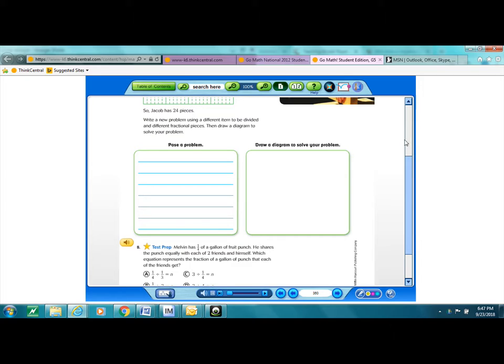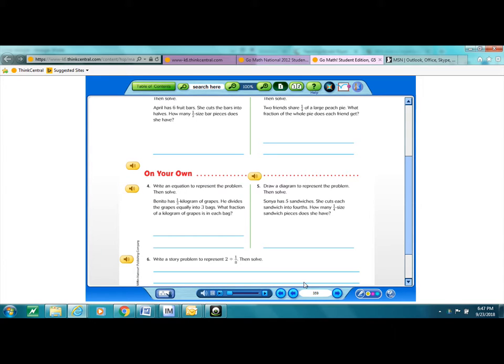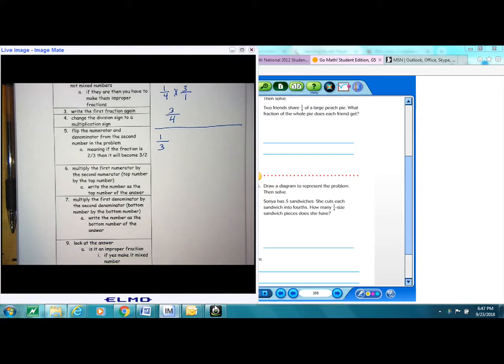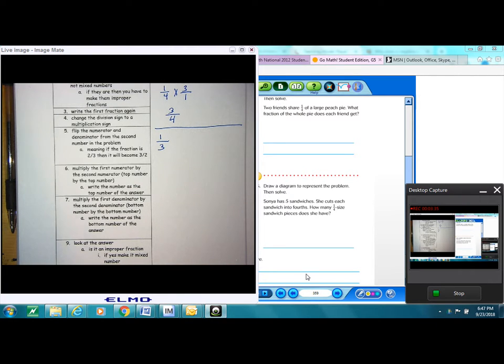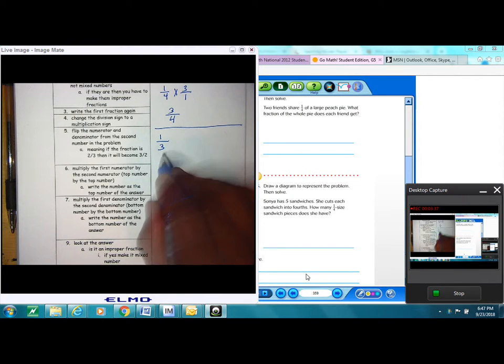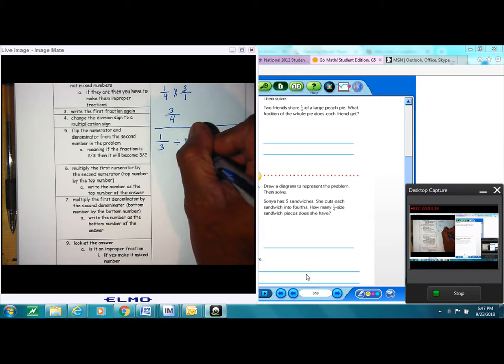We've got time to work another problem. Let me see if I can quickly get to one. We will do 1/3 divided by 3. Let me get back on that screen. 1/3 divided by 3.